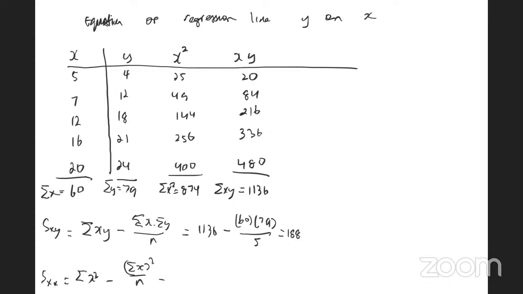Following? The Sxx is sum of x squared, which is 874, minus the sum of x, which is 60, squared all over 5. Hold on, let me just plug that in. I am getting 154. Well, you can just check back the values after to make sure.